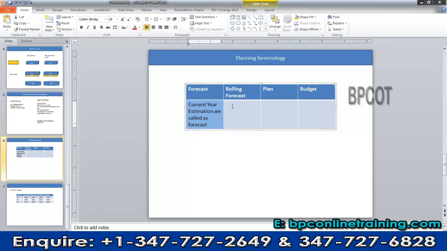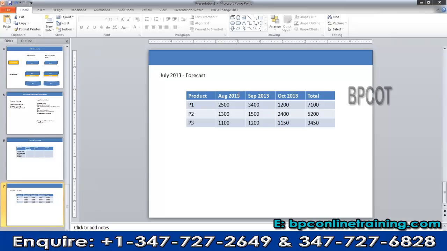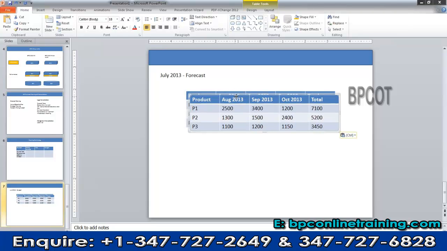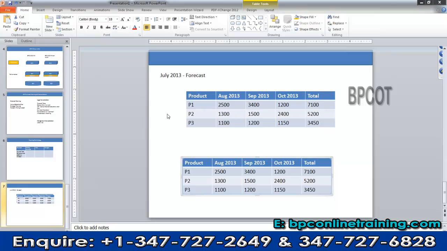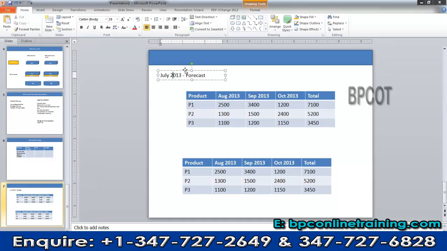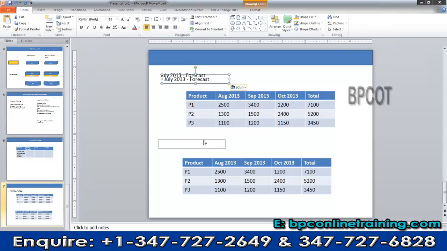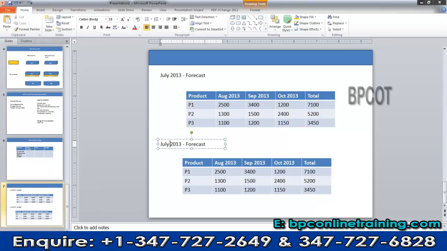Then what is rolling forecast? Let's see what is rolling forecast. Now, this is my July forecast. Control C, Control V. Now, in this July forecast, I am in August 2013.